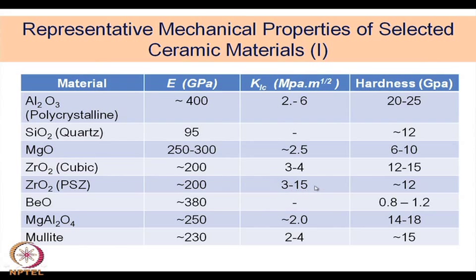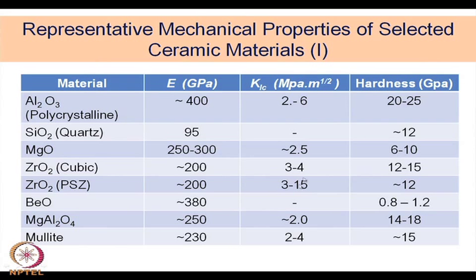So, it varies, but it is possible to make a PSZ, or partially stabilized zirconia, with very high fracture toughness, and in fact, we will come back to this material later, that sometimes people call the ceramic steel, having the highest fracture toughness. The hardness is more or less in the same range.